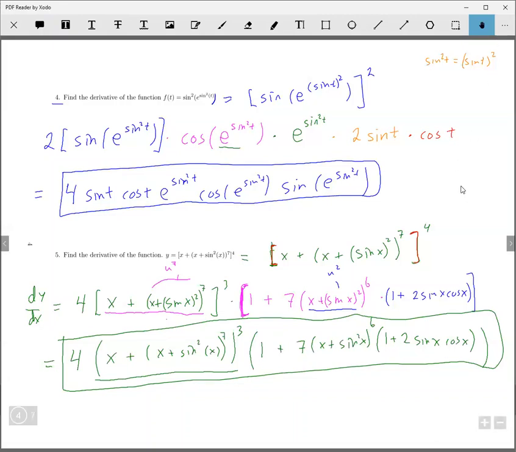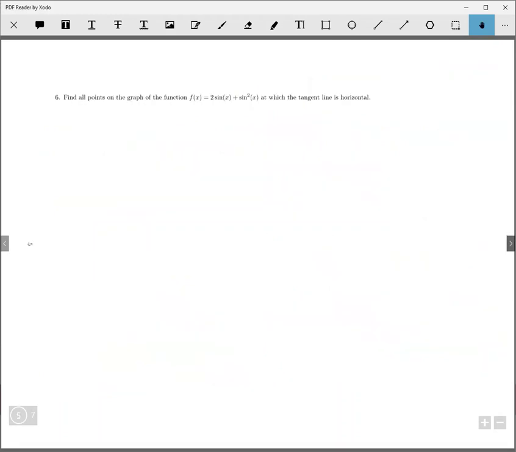I think that's about the most painful exercise. Any questions on any of this? Okay, let's go ahead and do number 6. So here we're supposed to find all points on the graph of the function at which the tangent line is horizontal.